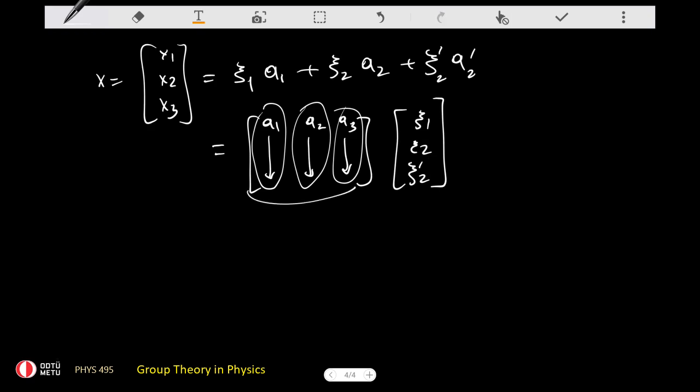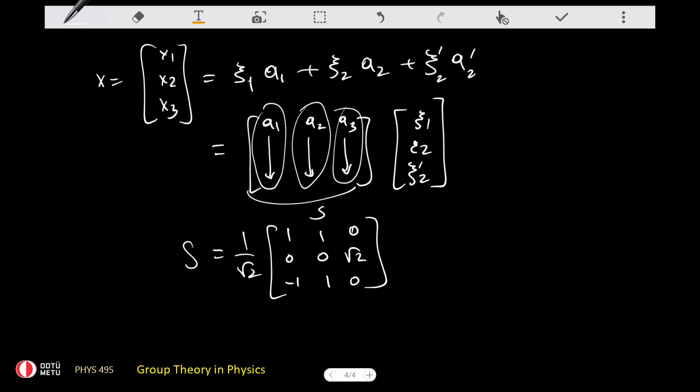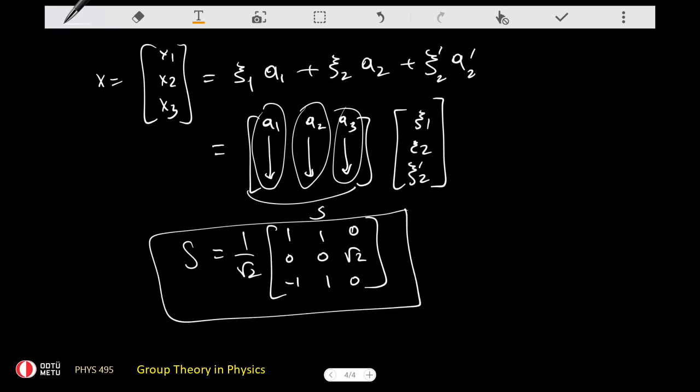So this is my S matrix, the basis change matrix. This matrix is given by 0, root 2, 0. You can easily check that this is an orthogonal matrix. I could have written this in some other ways as well.